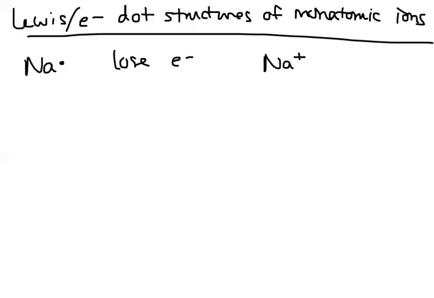An anion will be slightly different. For example, if we have Cl, which is chlorine, to become chloride, what is it going to do? Add an electron. So now it's going to have a full octet and a negative charge.